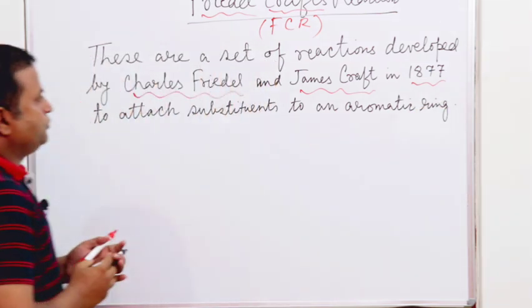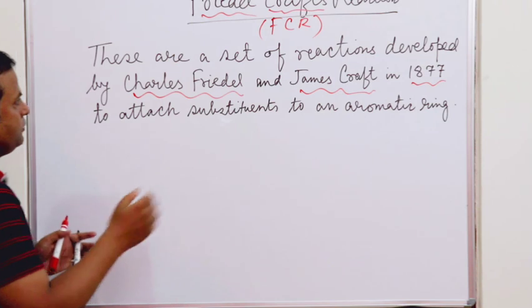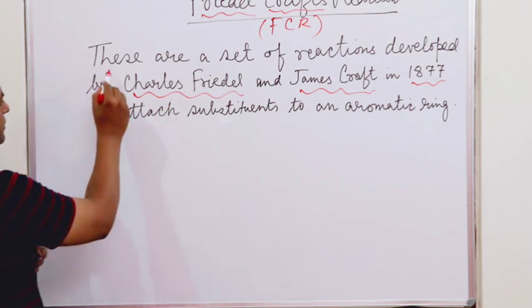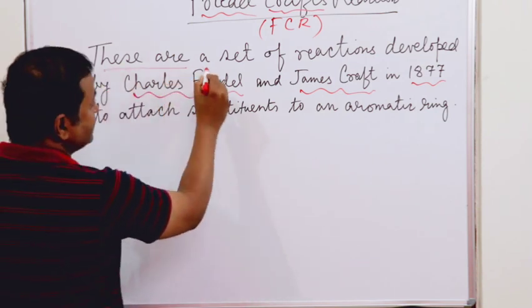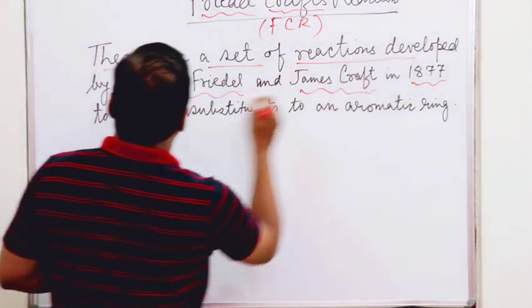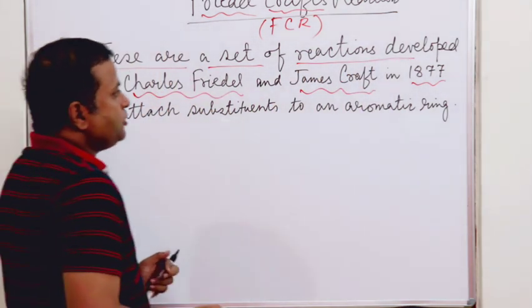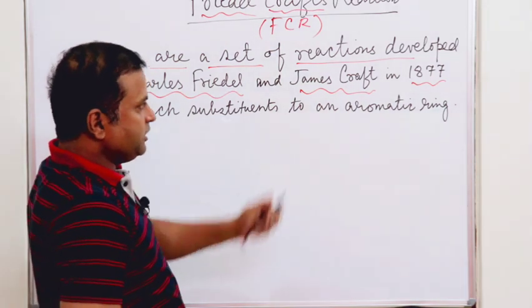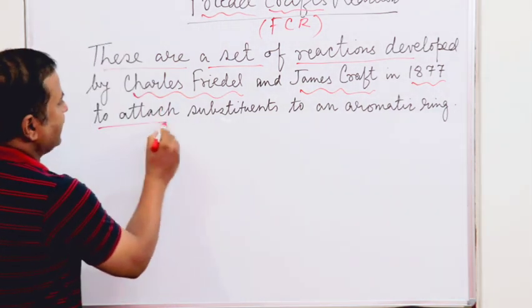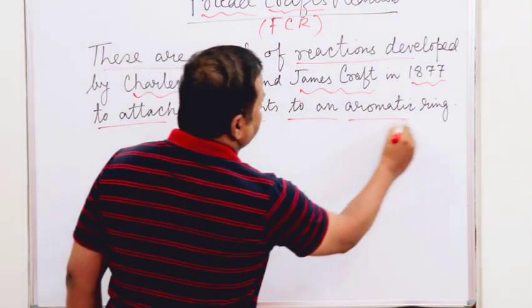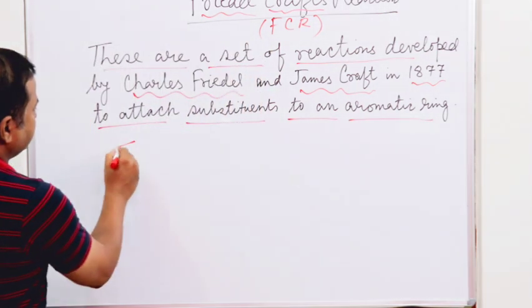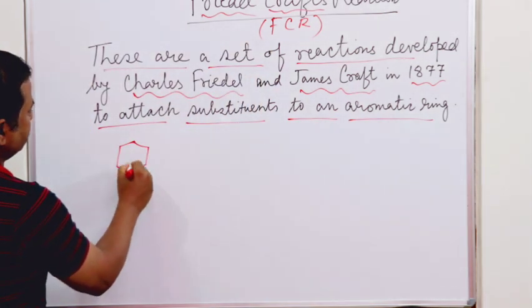Suppose, so again I would repeat, what is a Friedel-Crafts reaction? These are a set of reactions developed by Charles Friedel and James Crafts in 1877 to attach substituents to an aromatic ring. Aromatic ring means benzene ring.